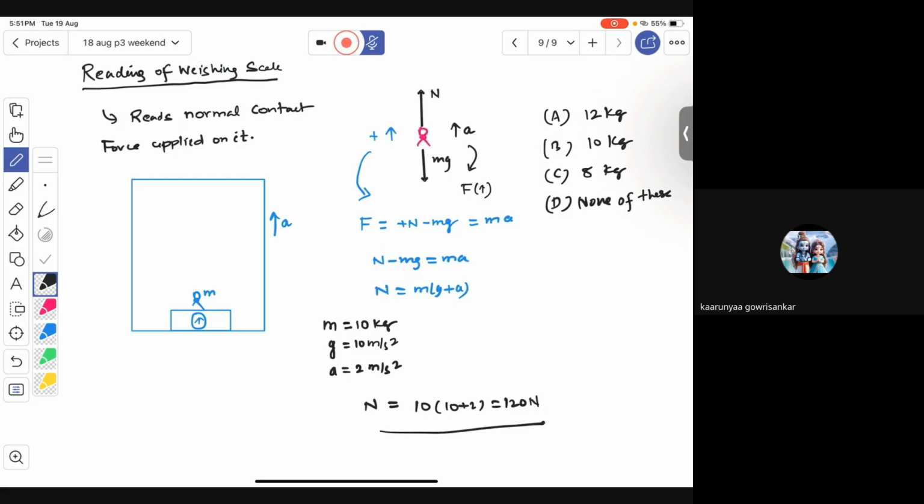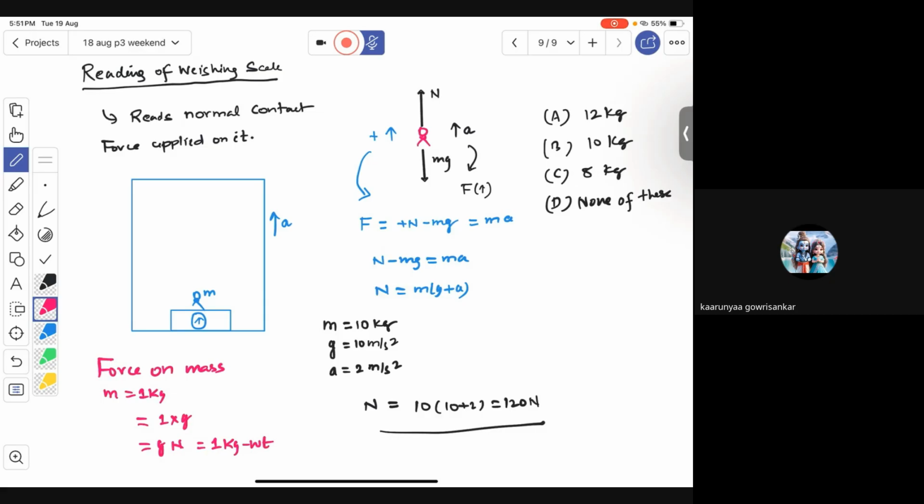So if I ask you the force acting on a mass m equal to 1 kg, it is going to be 1 into g, so that will be g Newton. So g Newton is equal to 1 kg weight or 1 kgf or 1 kg. Sometimes we write it like that.